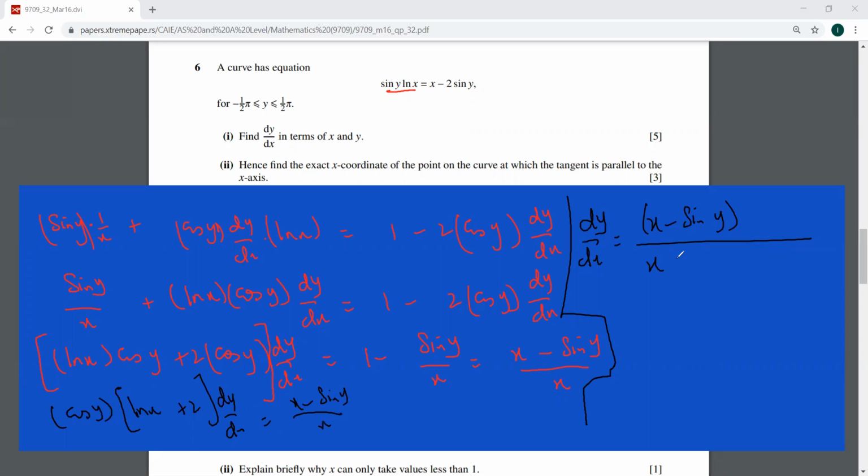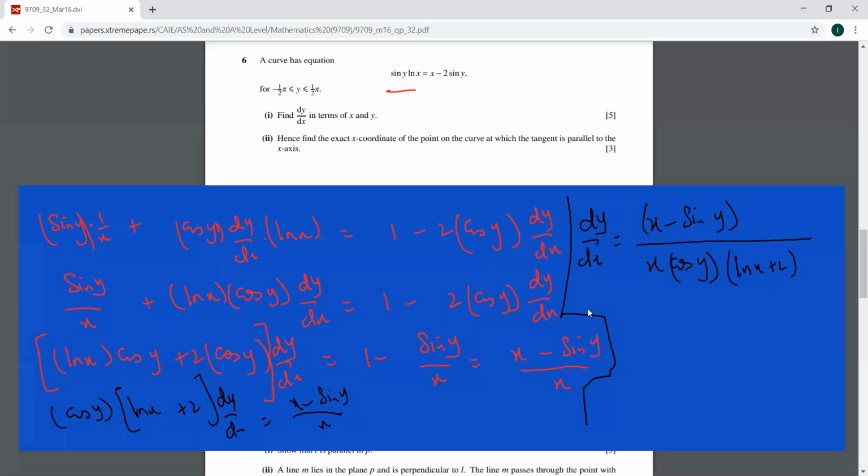So I'll be writing this as x into cos y into ln x plus 2. That is it. That is the dy by dx in terms of x and y.